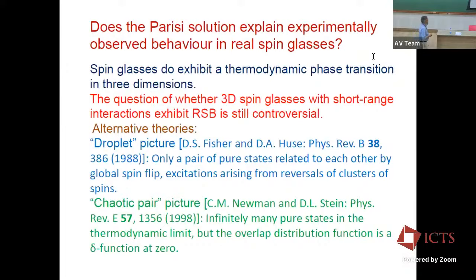Of course, it is important to understand to what extent the predictions for this infinite range model are satisfied in 3 dimensions, a short range model.